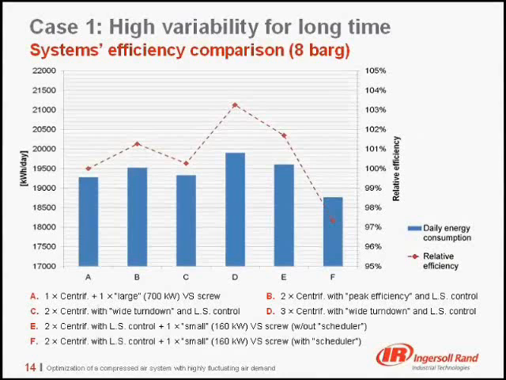As you can see, the system C with 2 centrifugal compressors with wide regulation range and load sharing control, despite some air blow-off like we saw in the previous chart, is only 0.3% worse in efficiency compared to system A, and the system F with 2 centrifugal compressors and 1 small variable speed screw compressor with scheduler allows to save almost 3% compared to system A. If we consider 300 days per year and an energy cost of 0.1 euro per kilowatt hour, we come at the following energy cost comparison.